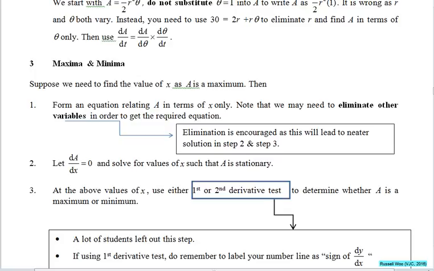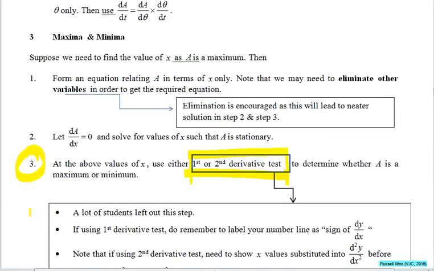But when it's maxima minima, can you please remember this step, which is to perform a first or second derivative test to prove that it's a maximum point or minimum point. I will illustrate that in question 4 later on, okay?